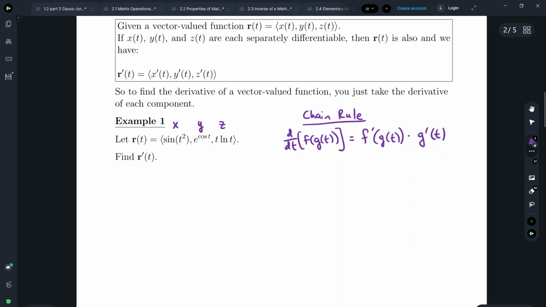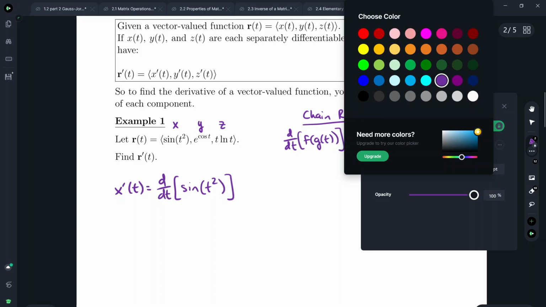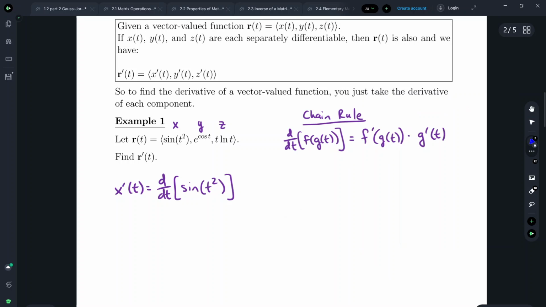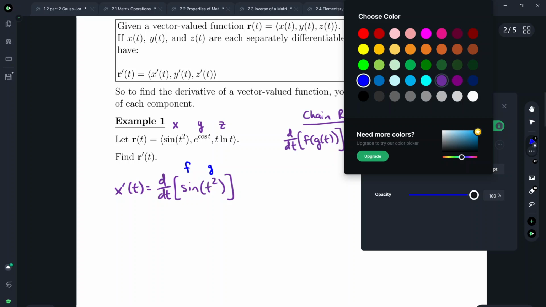So let's first take a look at x prime. I need to differentiate x, which is sine of t squared. This is a composition of functions, so we have the outside function and the inside function. Sine is playing the role of the outside function, and the t squared is playing the role of the inside function. Now let's differentiate.